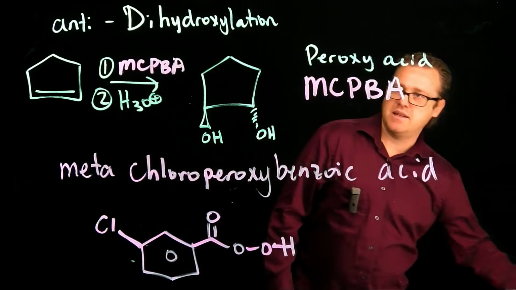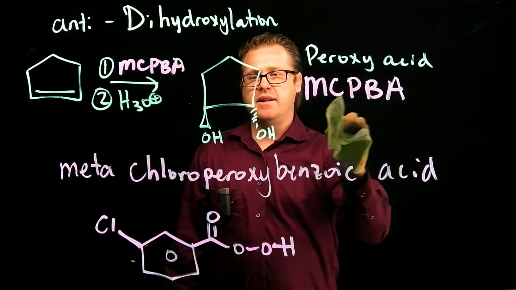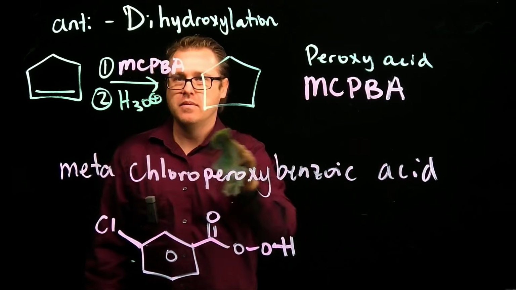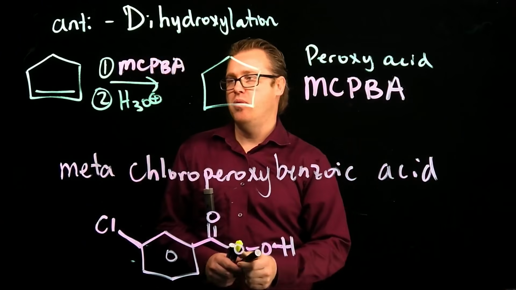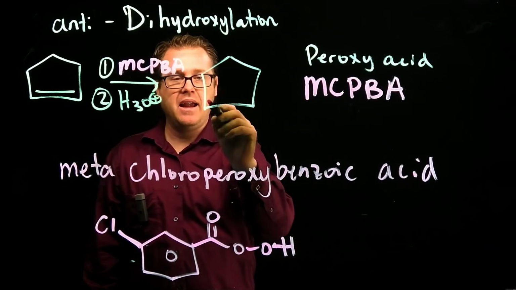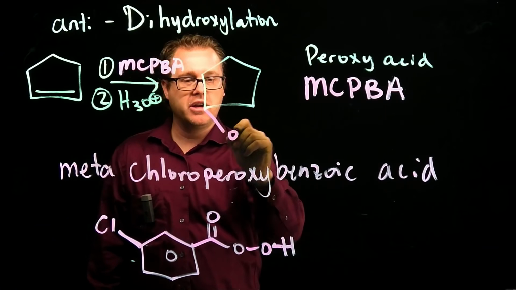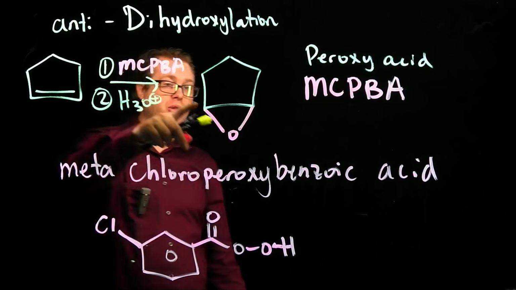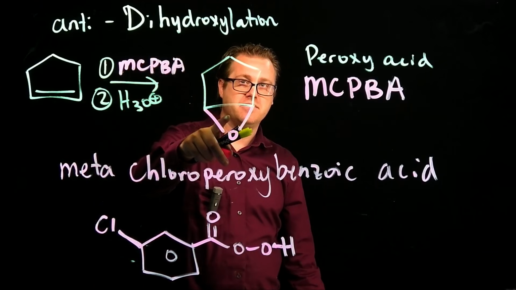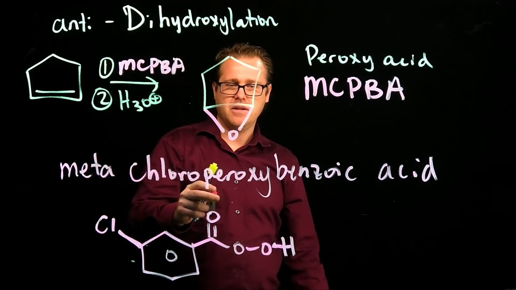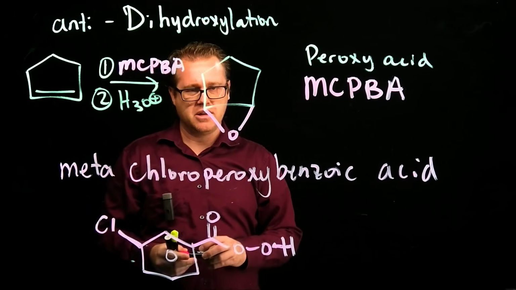Now what's interesting is if we break this down a little bit, after step 1, we can have the MCPBA. What it's going to do is convert the alkene into a three-membered ring with an oxygen.